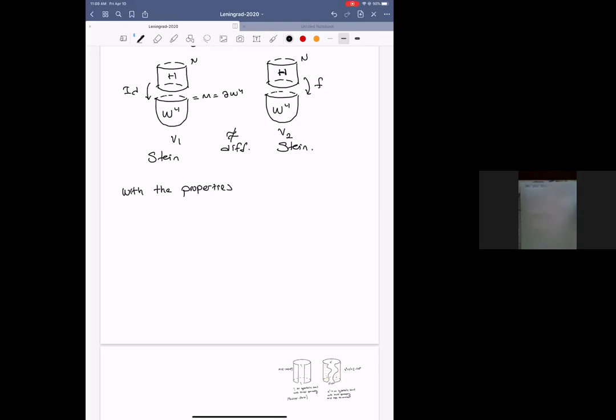H is an invertible cobordism. Also, this is real boundary.